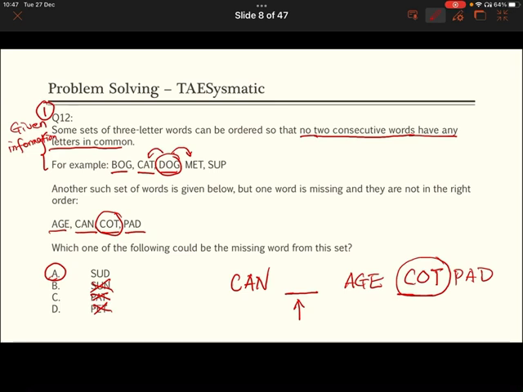I think it's easier to find out that AGE, CAN and PAD should be separated by 2 words. Another thing you should realize is that COT should be one separator, and we need to look for another separator. When we know COT is one separator, you understand that CAN cannot be the word in the middle. It should be either the one on the left side or the one on the right side. It doesn't matter, but CAN cannot be the word in the middle.